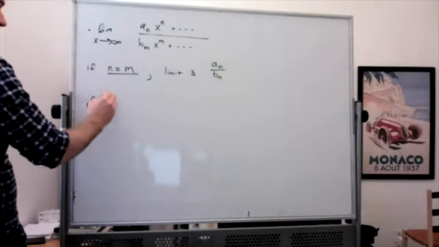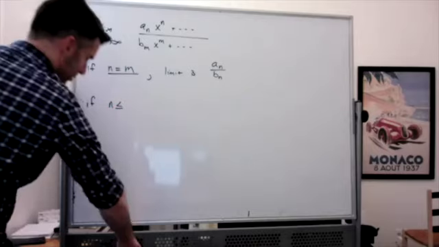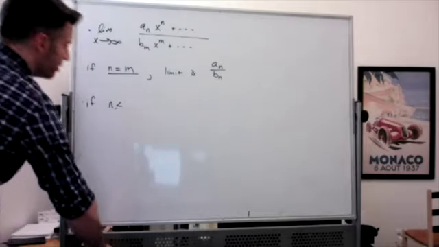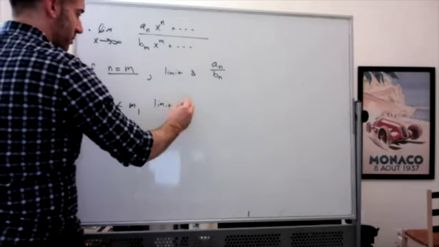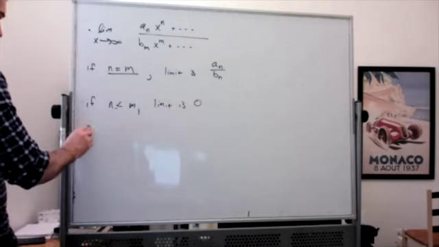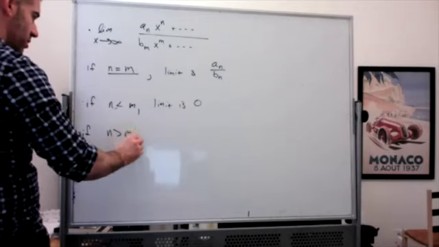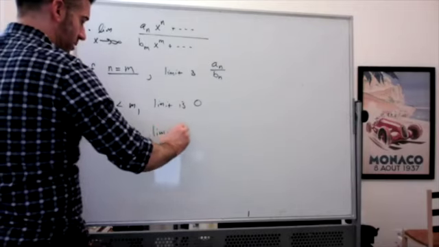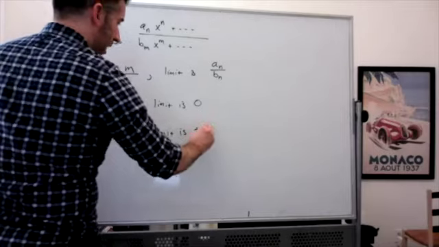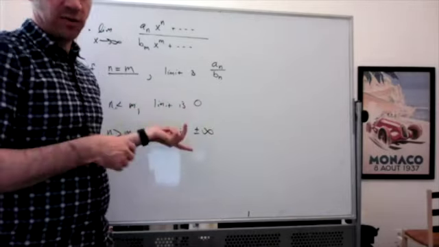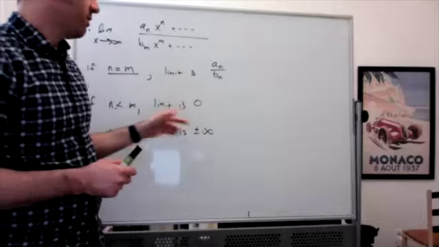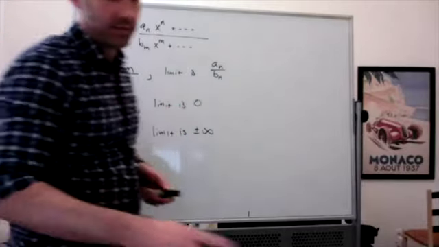If the degree on top is strictly less, the limit is 0. And if the degree on top is more, the limit is some sort of infinity. It really depends on the difference in degrees and whether you're approaching positive or negative infinity, so you have to be a little more careful with this last one.